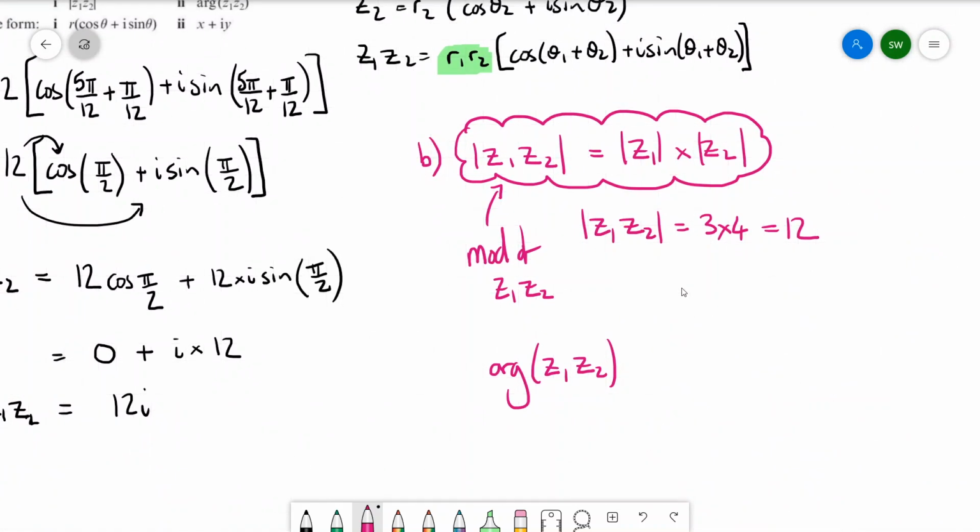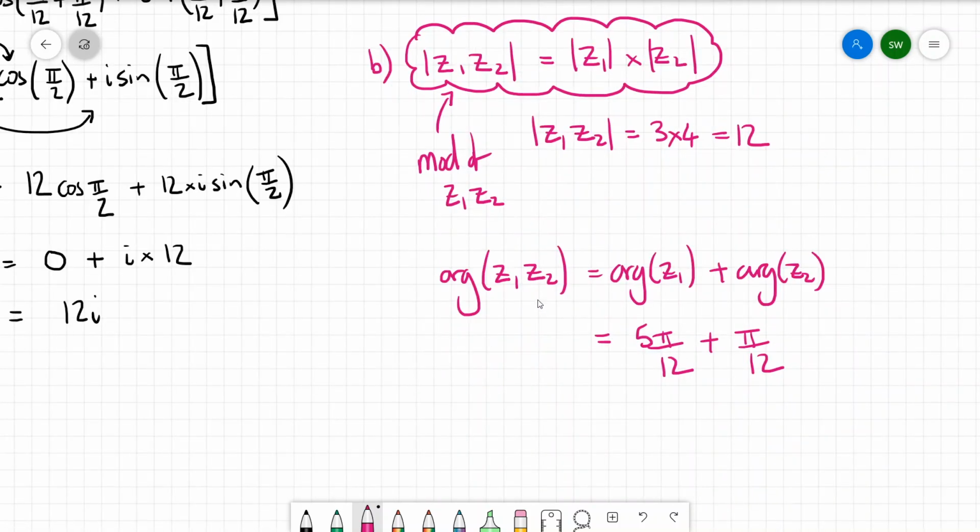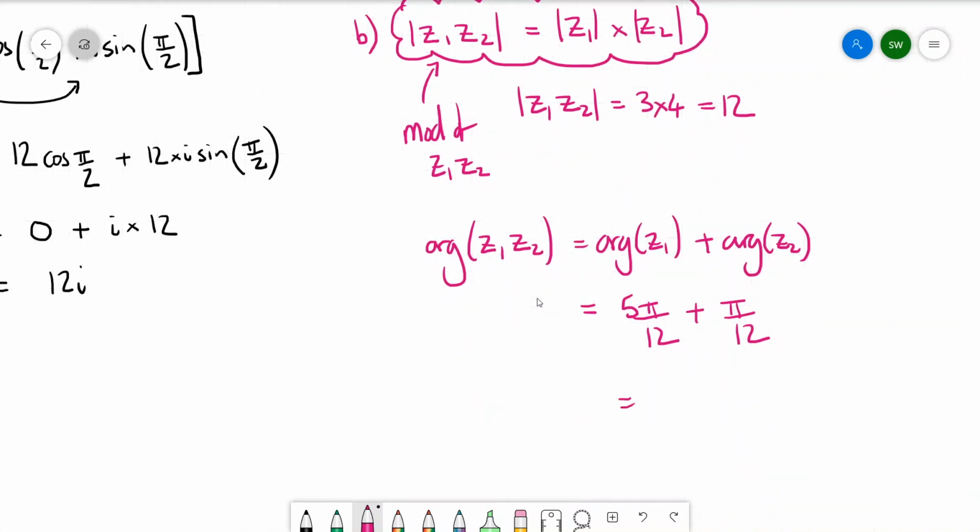So we did argument of Z1 plus the argument of Z2. So in this case, we did 5 pi over 12, that's the argument of Z1, plus pi over 12, which is the argument of Z2, and we got our final answer when we simplified that of pi over 2. That's the argument of the product.